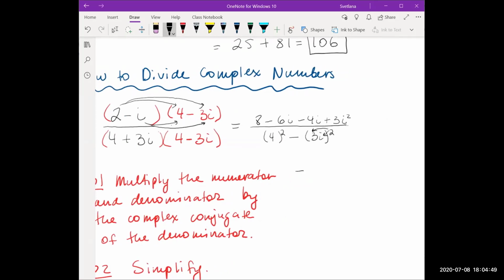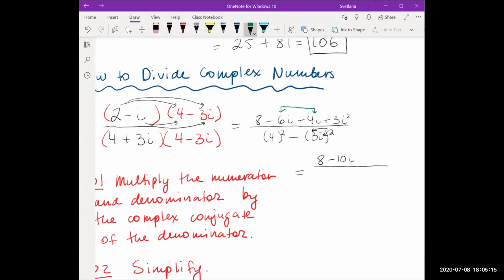Okay, now I'm going to move on to simplifying this further. In the numerator, I have the following. I have 8. I have nothing to add it with yet. So 8. Now, negative 6i and negative 4i, those two we can combine. That is negative 10i, or minus 10i.